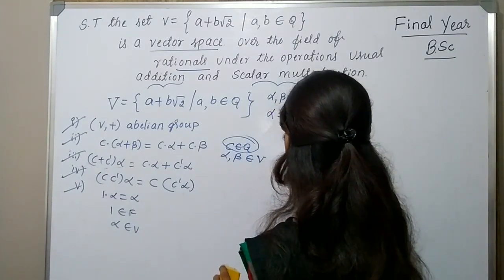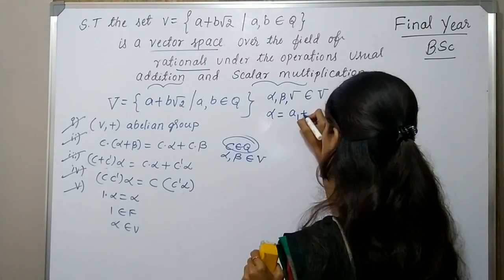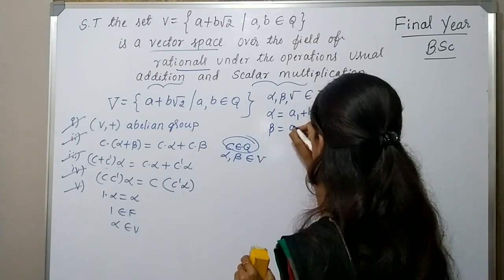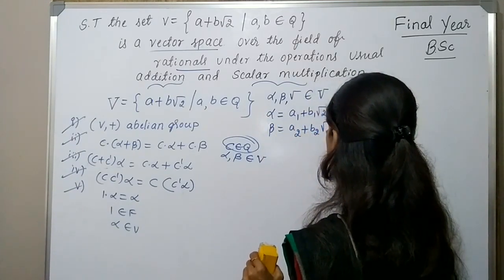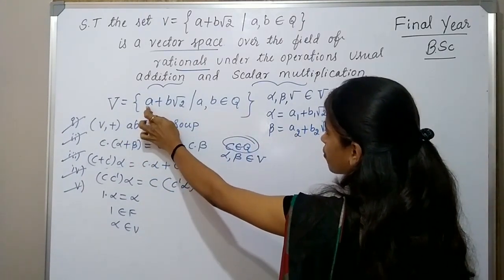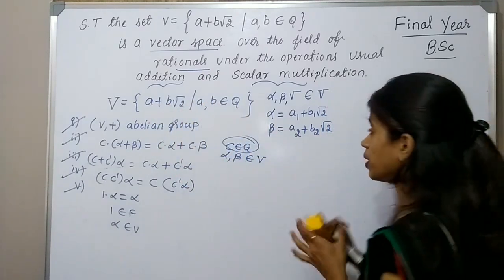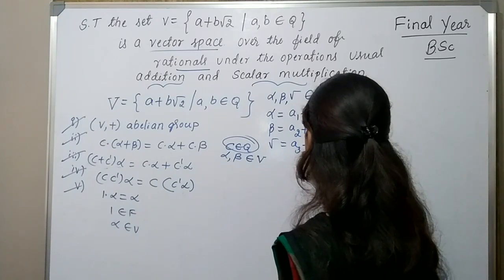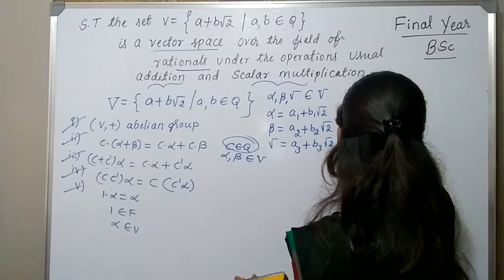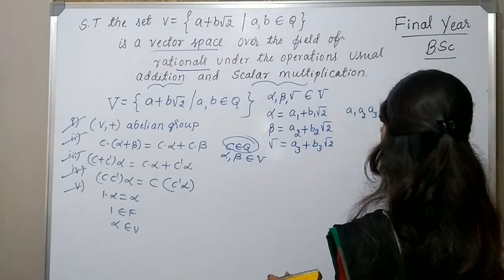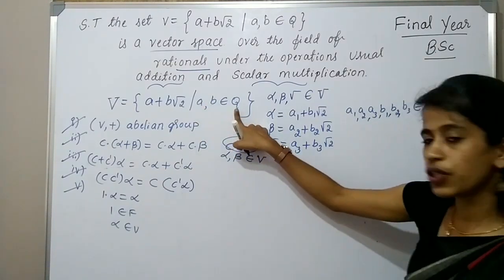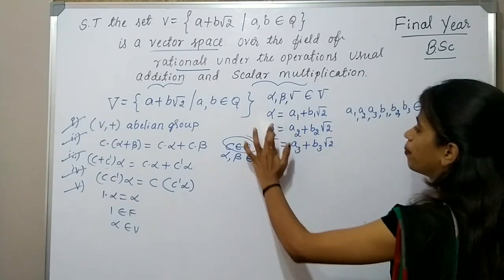So here alpha is a1 plus b1 root 2, where a1, b1 belong to Q. And beta is a2 plus b2 root 2, which is the same form; I am just changing a and b to a1, b1, a2, b2, a3, b3. Okay. So here gamma is a3 plus b3 root 2. Here a1, a2, a3, b1, b2, b3 all belong to the rational numbers Q. Is it okay? So these are 3 elements, alpha, beta, gamma.